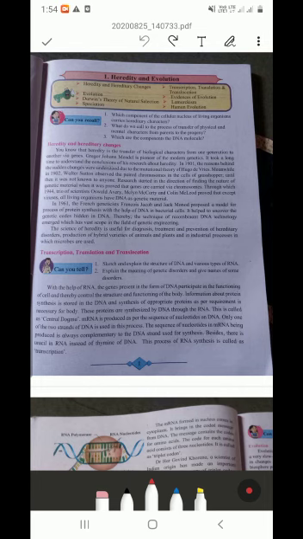mRNA is produced as per the sequence of nucleotides on DNA. You know the nitrogenous bases: adenine, thymine, guanine, cytosine. Suppose the sequence is ATGC; according to that, mRNA is produced.